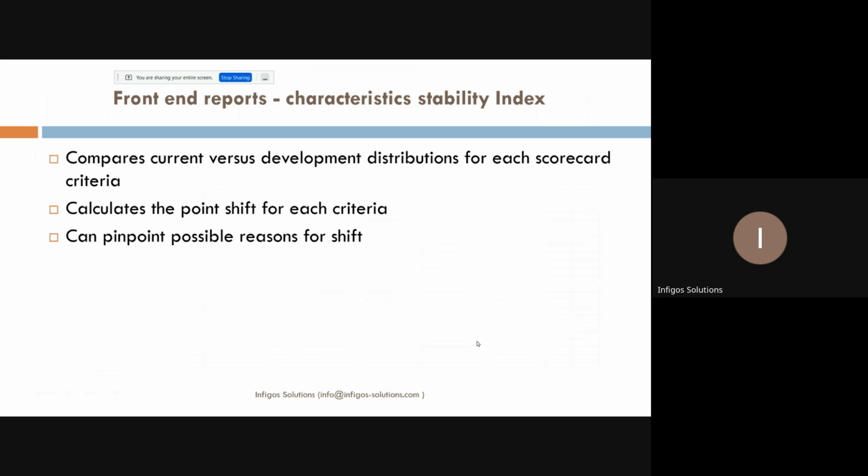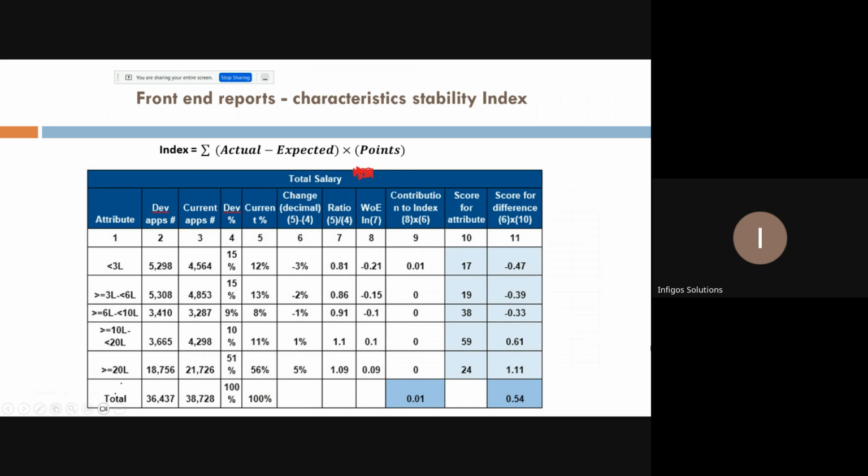So this report basically compares development versus current sample. And there are two kinds of shift I'll explain. One is shift in index because of variable, one is shift in the points. So let's say this is for income.